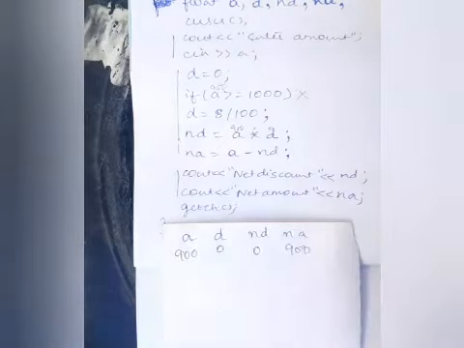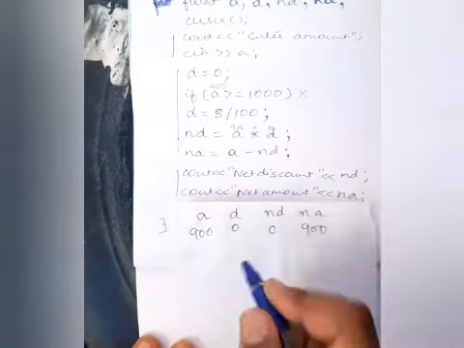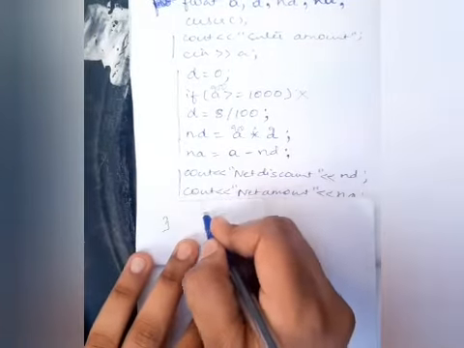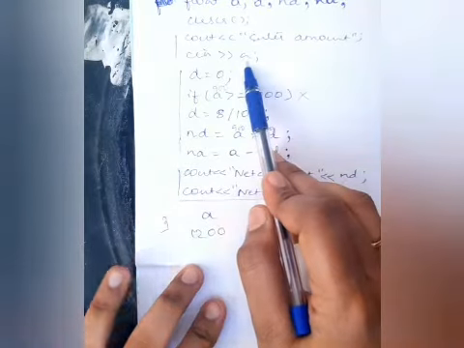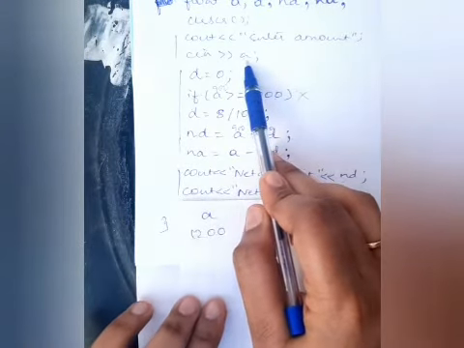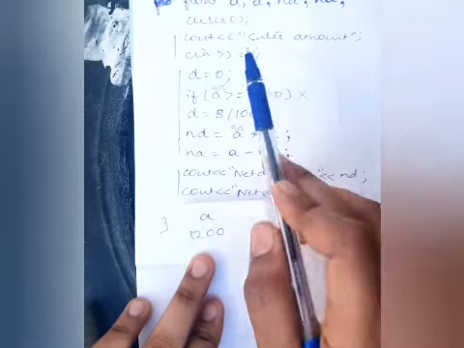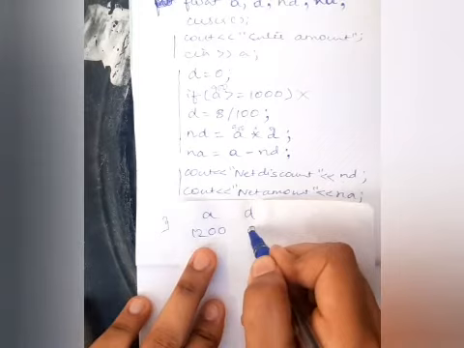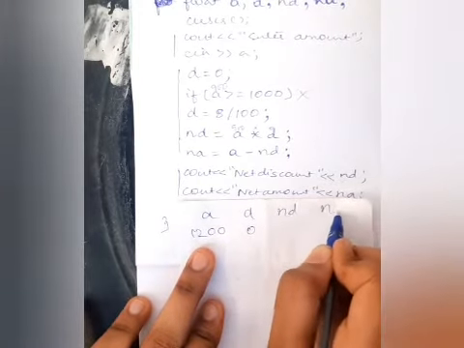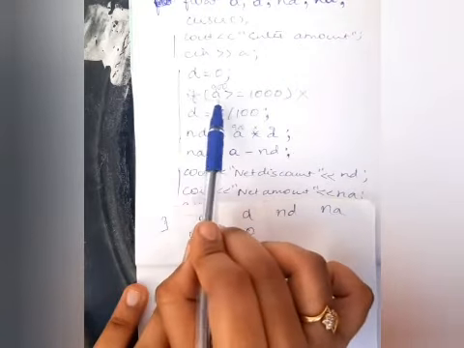Now we'll take another amount that is above 1000. Let me take another amount A as 1200. Now I'm inputting the value 1200 to the variable A. Now A is 1200. Initially D is 0. Now calculate the condition. What is A?